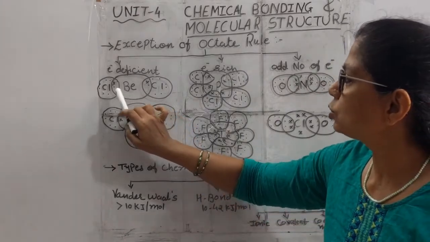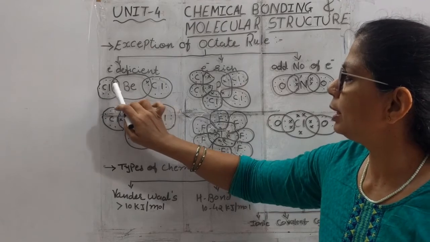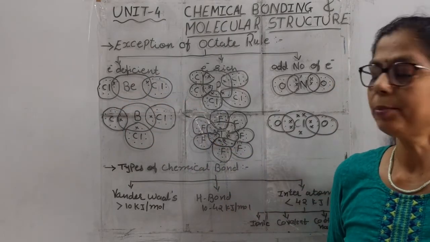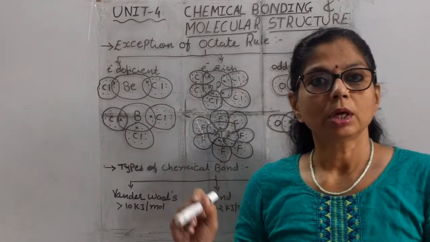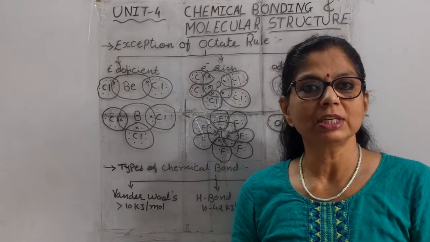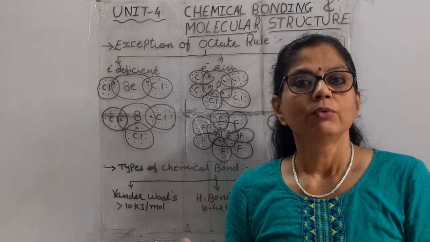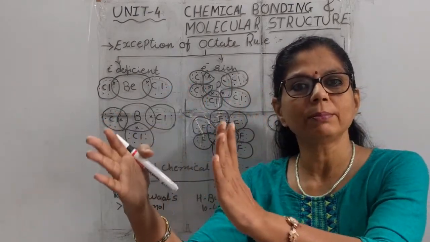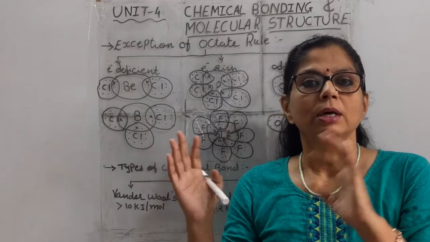So here I have drawn the valence electrons of beryllium by putting a cross over the beryllium. And as you know, chlorine is a group 17 halogen element. Group 17 means 7 valence electrons.